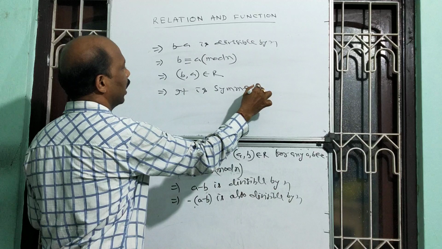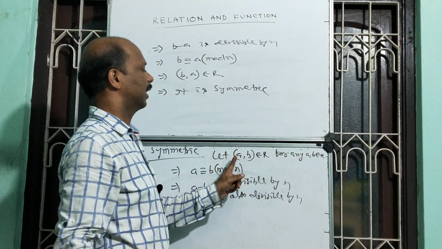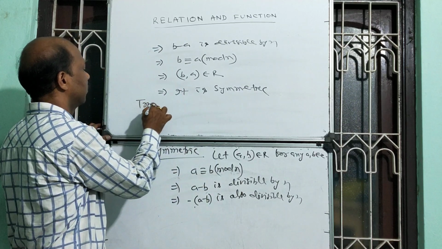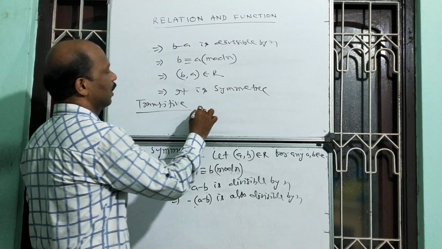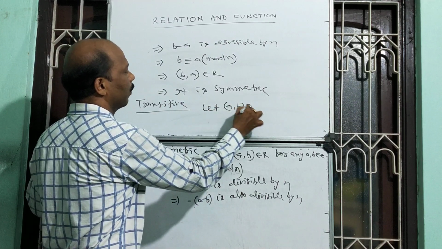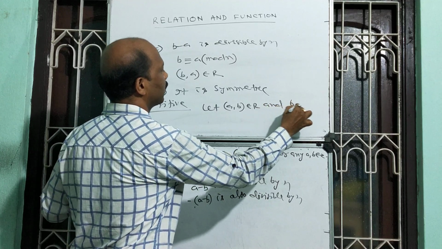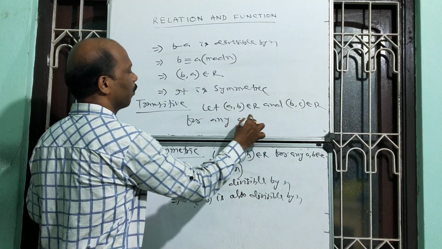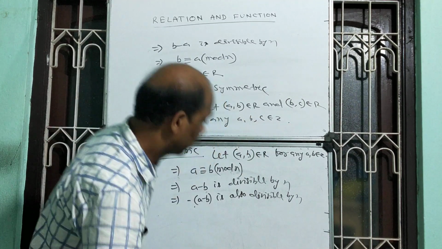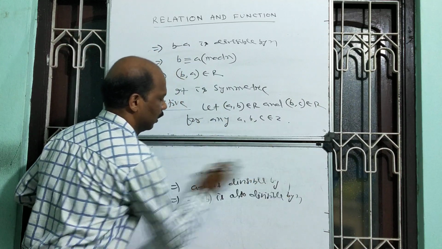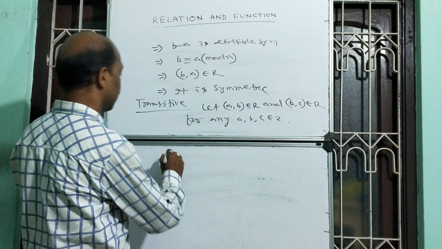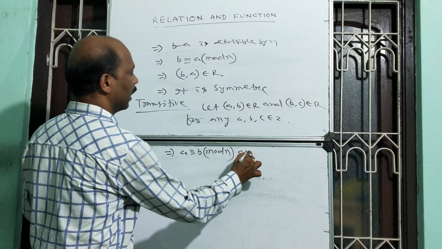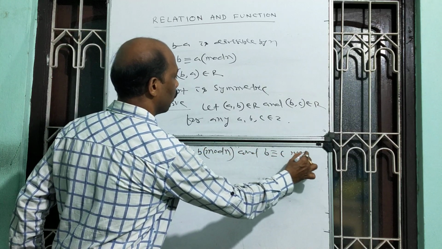How? We have taken (a, b) belongs to R, that means a is related to b, so that (b, a) belongs to R. The last is transitive. Transitive: let (a, b) belong to R and (b, c) belong to R for any a, b, c belongs to Z. That implies a is congruent to b modulo n and b is congruent to c modulo n.